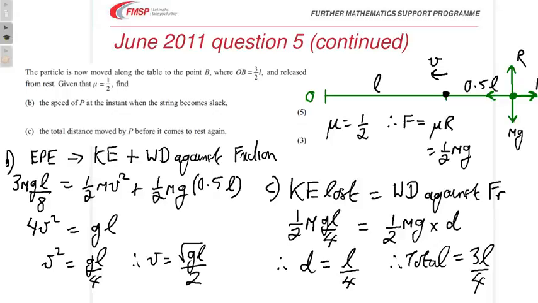For the 8 marks for parts B and C then, for part B there were 5 marks. There was 1 method mark for using energy. There was a B1 for seeing the elastic potential energy correct. That's 2. There was a B1 for seeing the other terms in the energy equation.